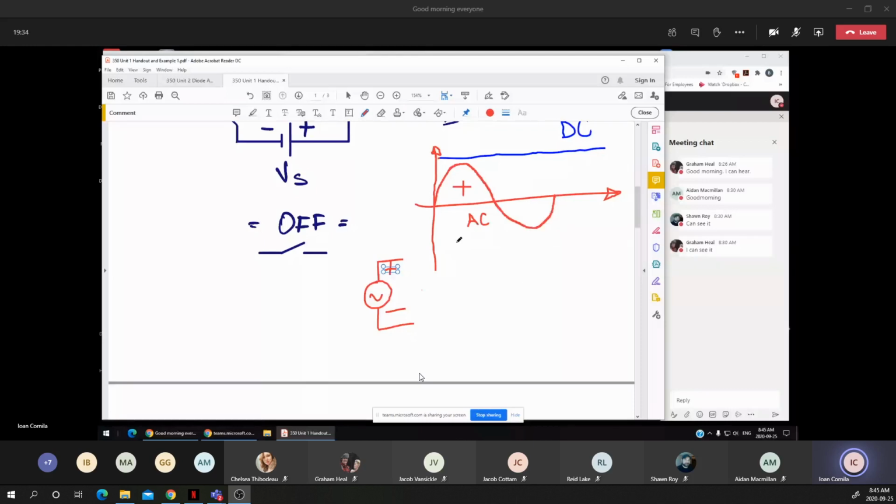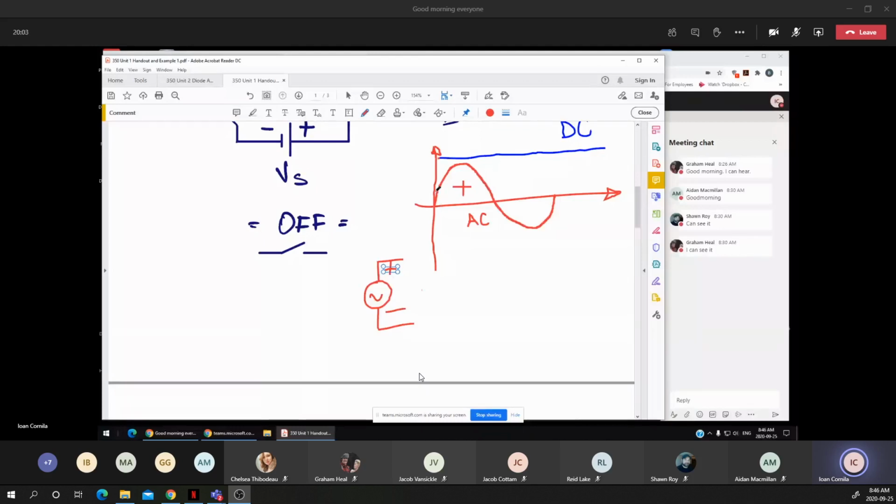Now, how can we analyze a circuit that has an AC voltage source? We take the first assumption for the first halfway. I will assume that, in the first half of the period, the polarity of the AC voltage source has the positive on top and the negative on the bottom.